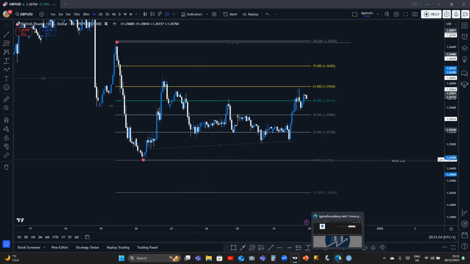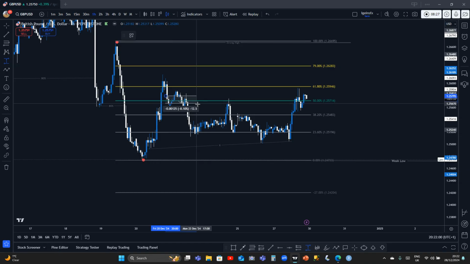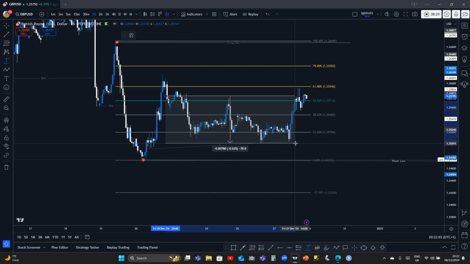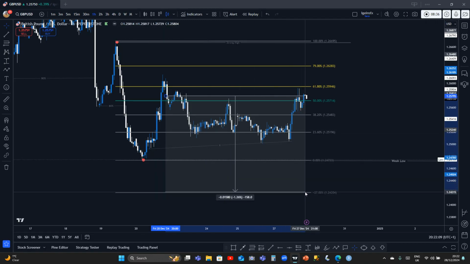And what now happened? From this point, this is where I entered, he gave us about 78 pips already. But where is the TP? The TP is here, negative 27. That's about 159 pips.